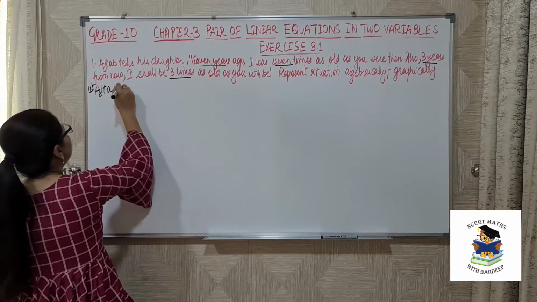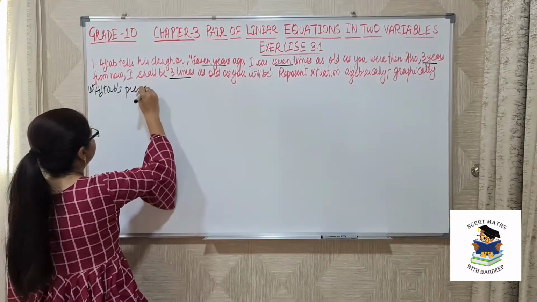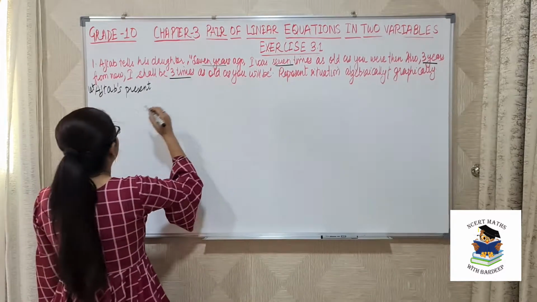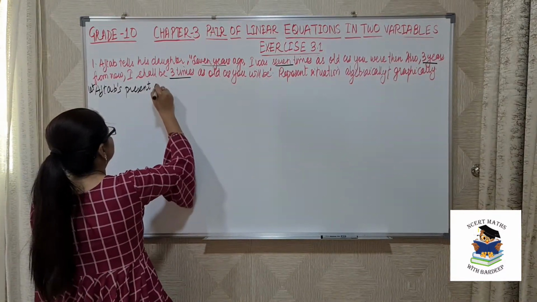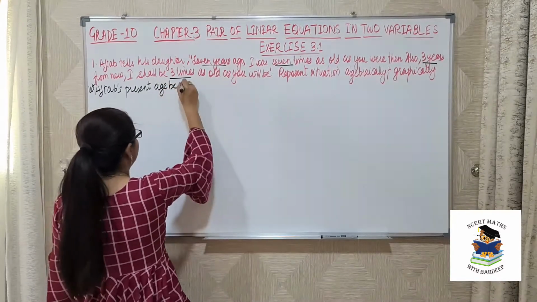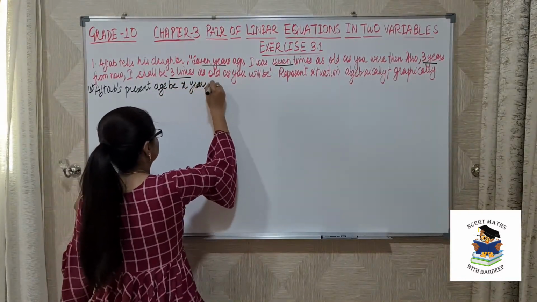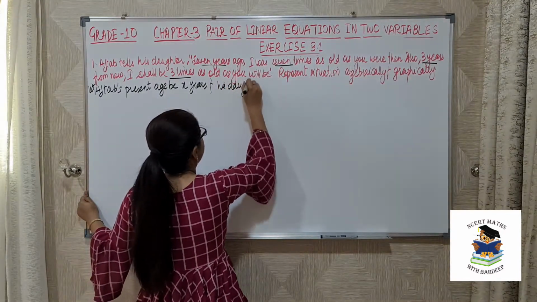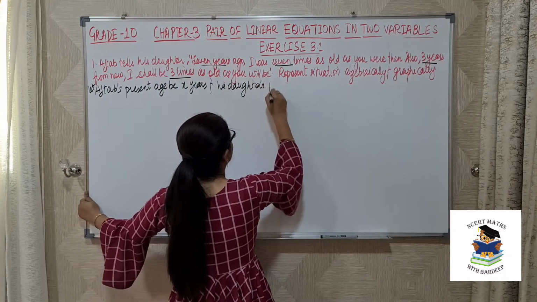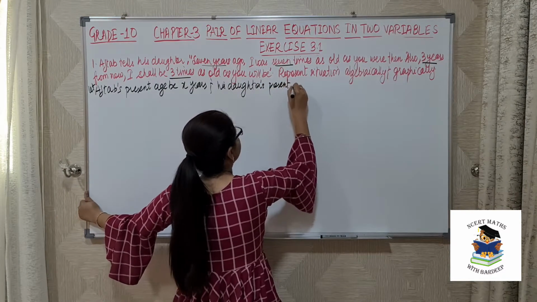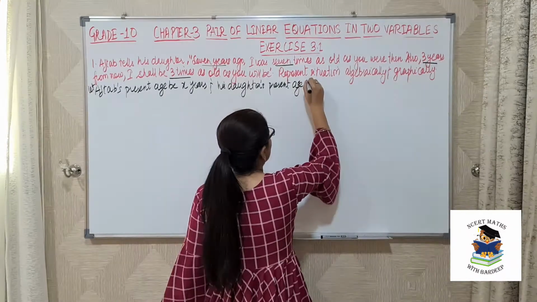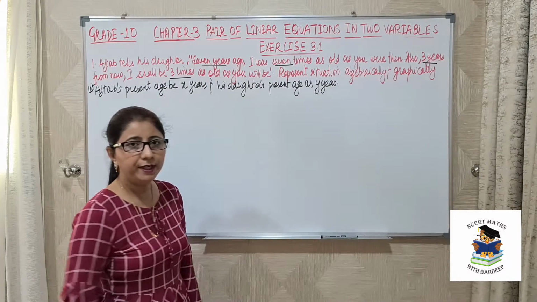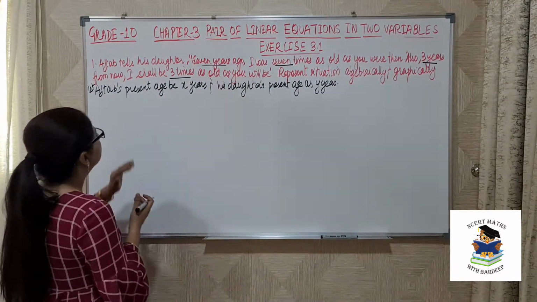Let Aftab's present age, because we have given conditions that is few years ago and few years later, so present age we will assume Aftab's present age be x years and his daughter's present age as y years. Okay, so now let's understand this.